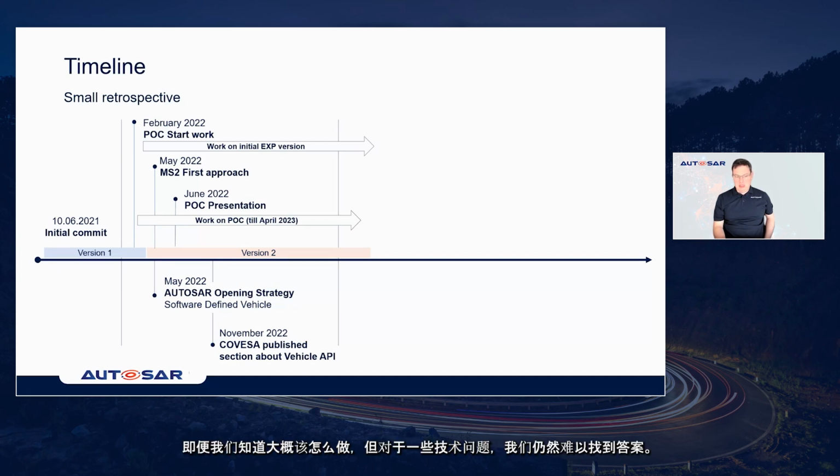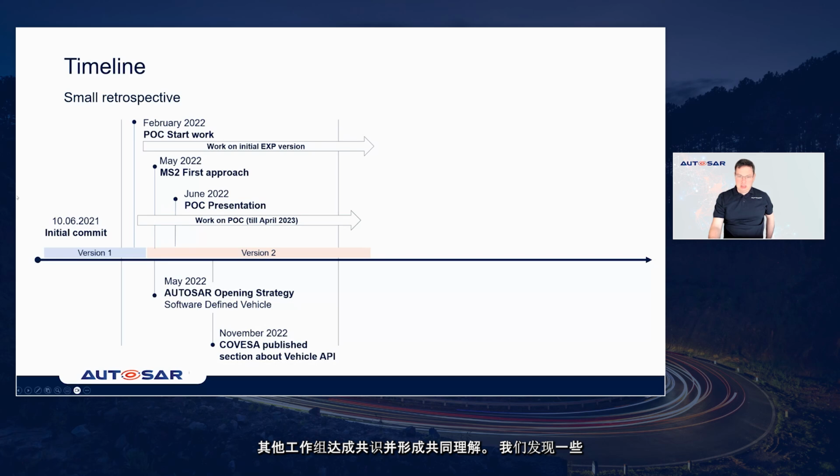Even if we knew how to do it, we still struggled with answers to some technical questions. We started to work on a proof of concept and, in parallel, an EXP document to have common ground and common understanding with other workgroups.